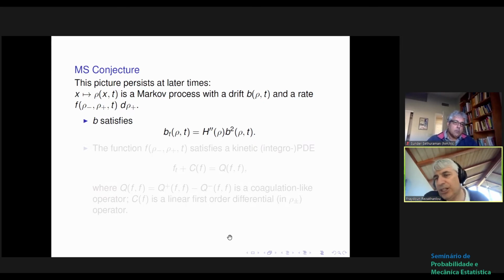If B initially is positive, then in finite time, you would have a blow up for B. So the drift may blow up. And actually the blow up of drift has to do with the occurrence of jump discontinuity. However, if initially B is decreasing, then you would have no blow up. Then you have a global solution.